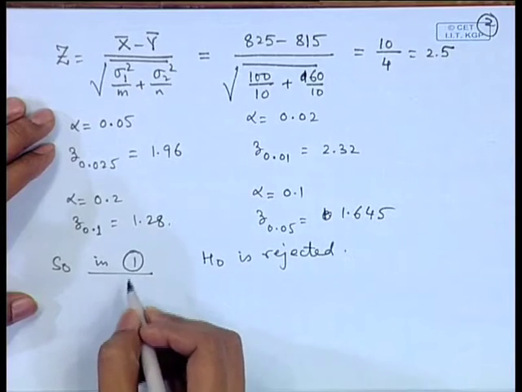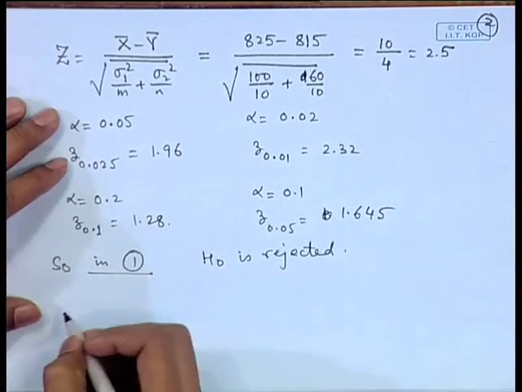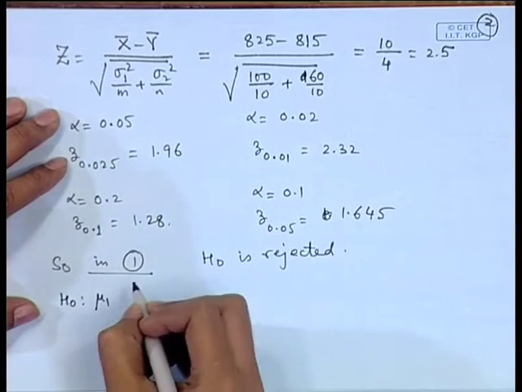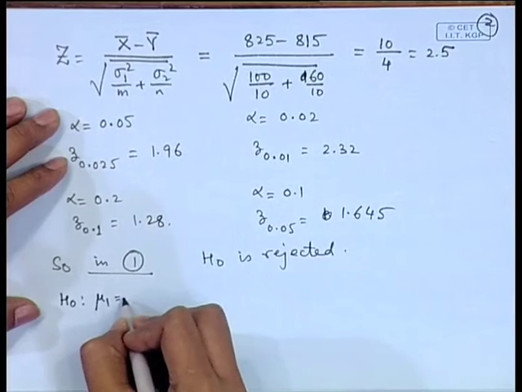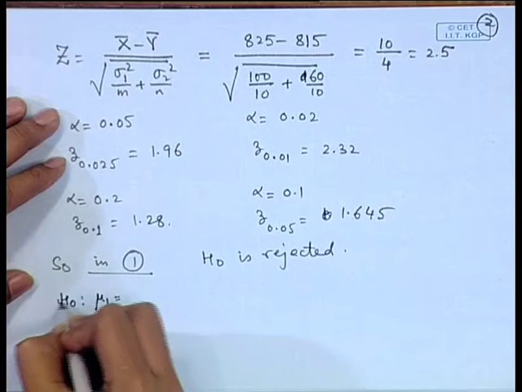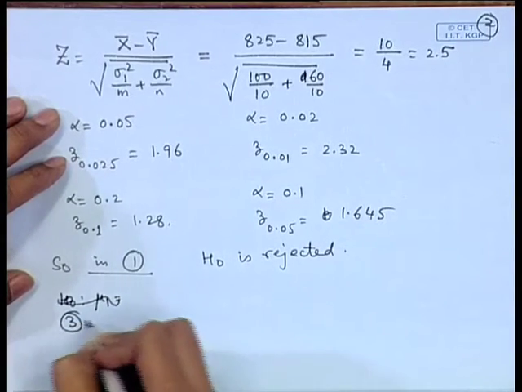So, if we are considering here H naught: mu 1 is equal to mu 2, that means I am considering problem 3.